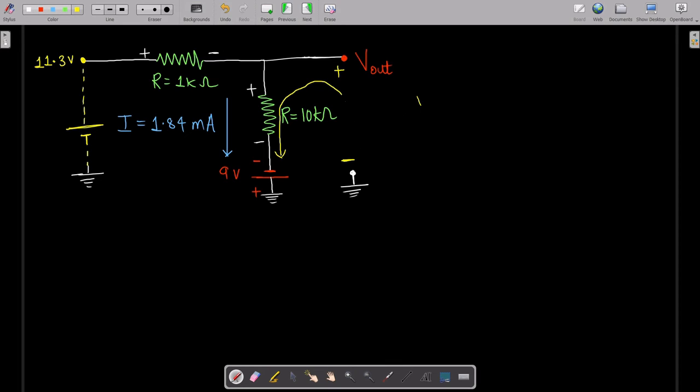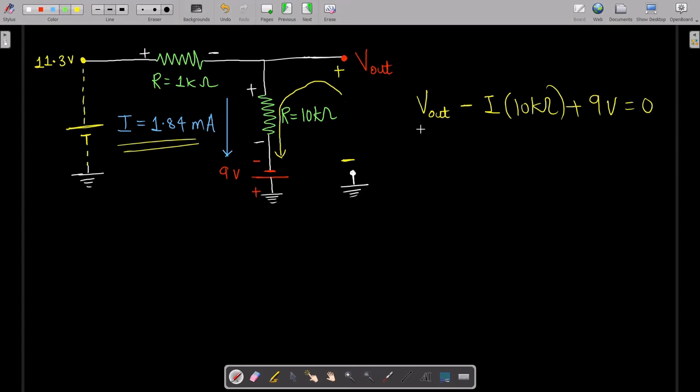Going in this direction, you consider V out, then this is plus and this is minus, so you consider minus I into R, which is 10 kilo ohms, then plus 9 volts, because we are going in the opposite direction, equals 0. And we got the value of I as 1.84 milliampere.